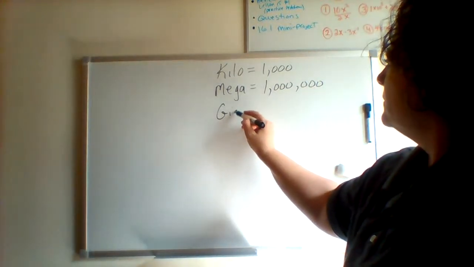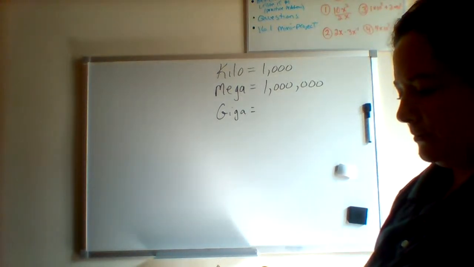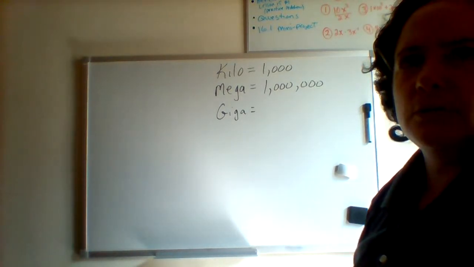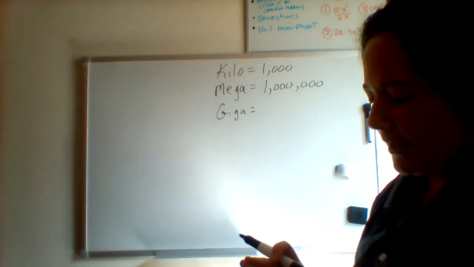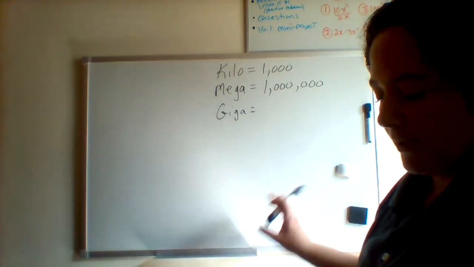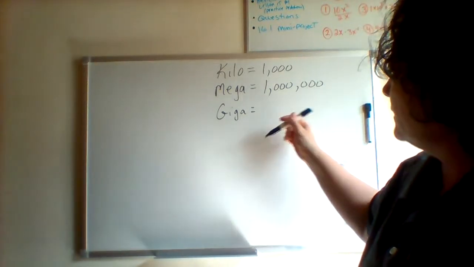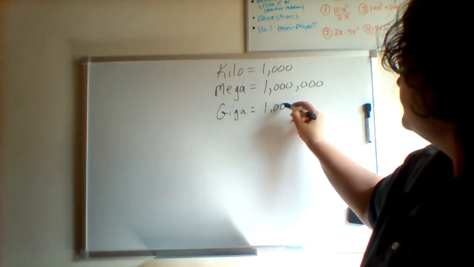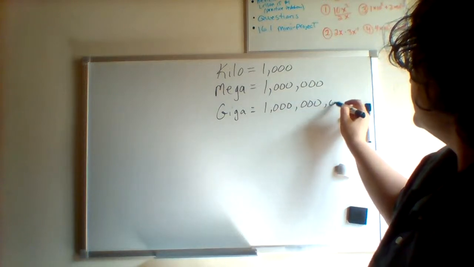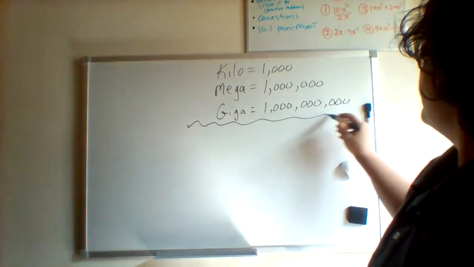Giga is 1,000,000,000. And tera, you might need, depending on what you pick, but the one that I'm doing today, I don't need tera. So I'll just put down the giga, because then I still have room to show you an example.